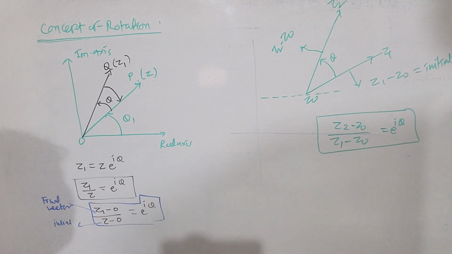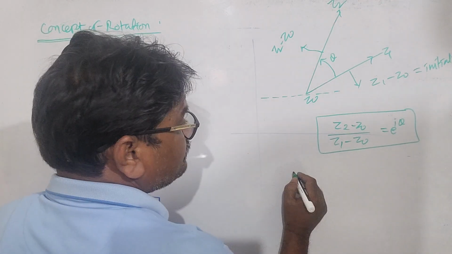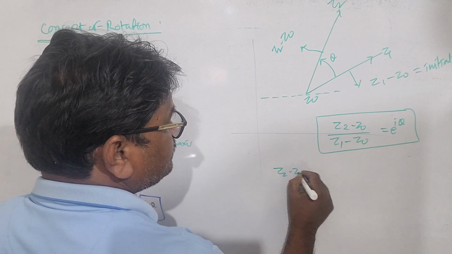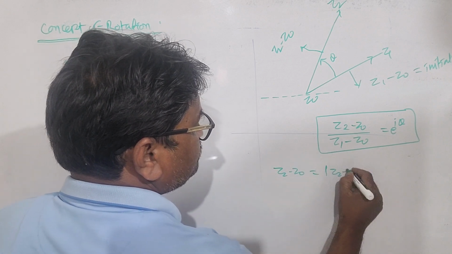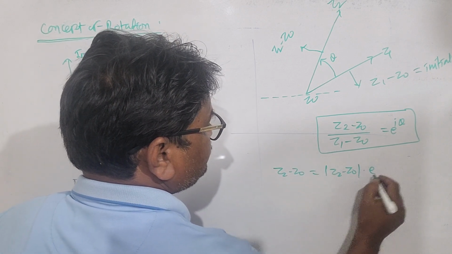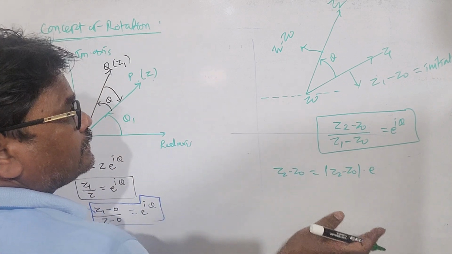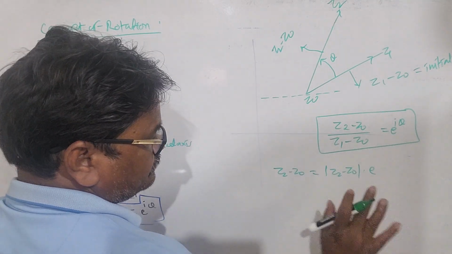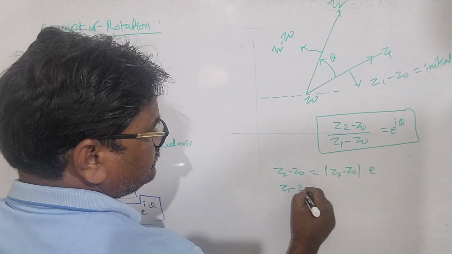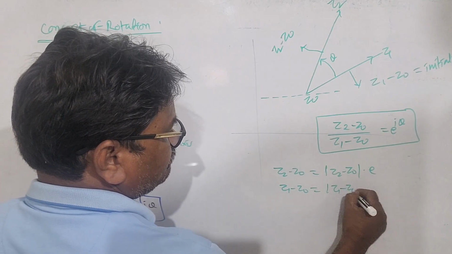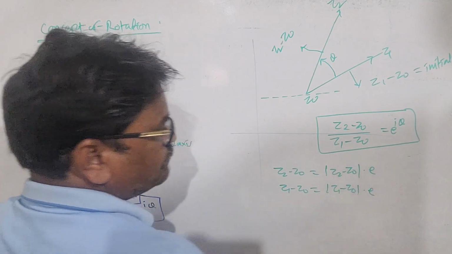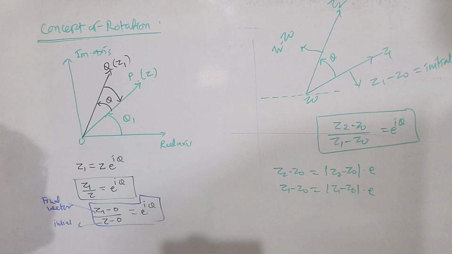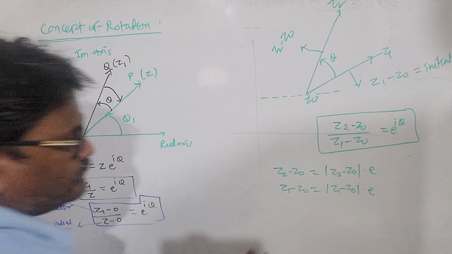If the modulus are not the same, then z2 minus z0 can be written as modulus of z2 minus z0 into e to the power iota of its argument. Similarly, z1 minus z0 can be written as modulus of z1 minus z0 into e to the power iota of its argument.